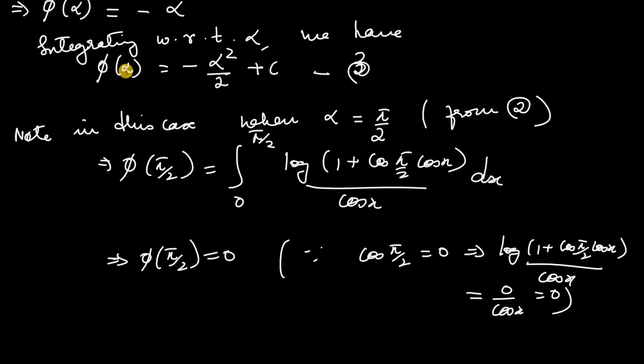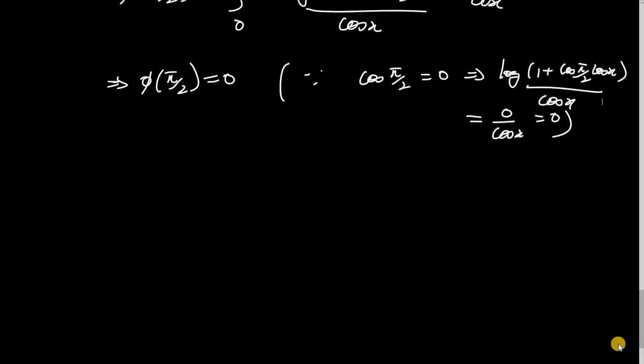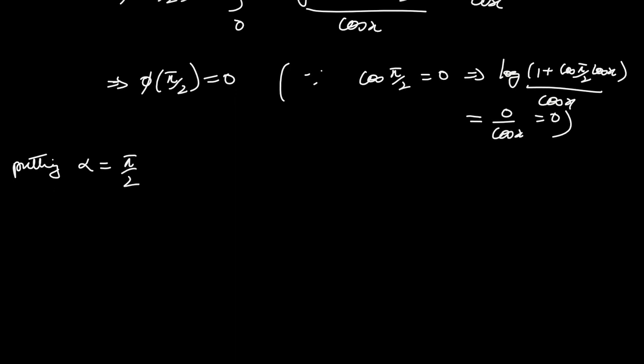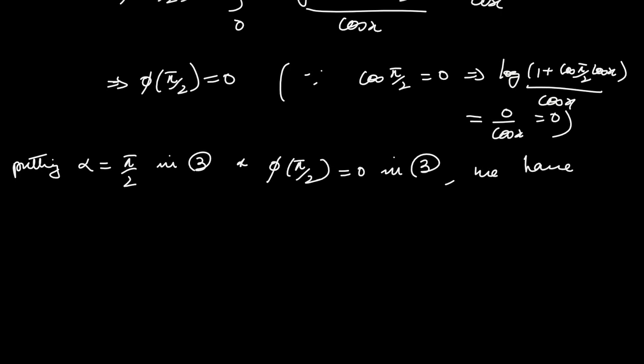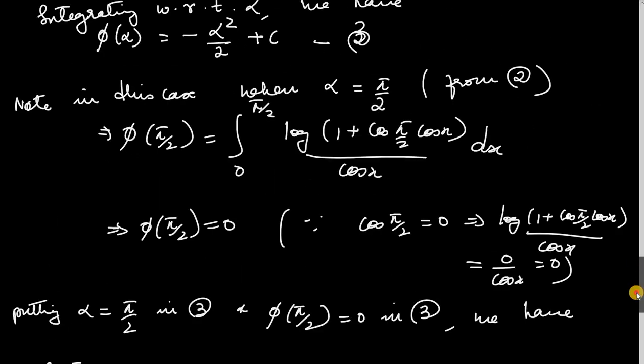So replace the value of alpha by pi by 2, then phi of pi by 2 will be 0, and this will be minus pi by 2. So putting alpha is equal to pi by 2 in 3 and phi of pi by 2 is equal to 0 in 3, we have 0 is equal to minus alpha square by 2.